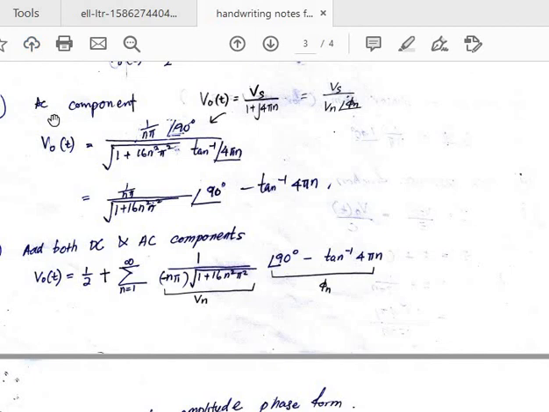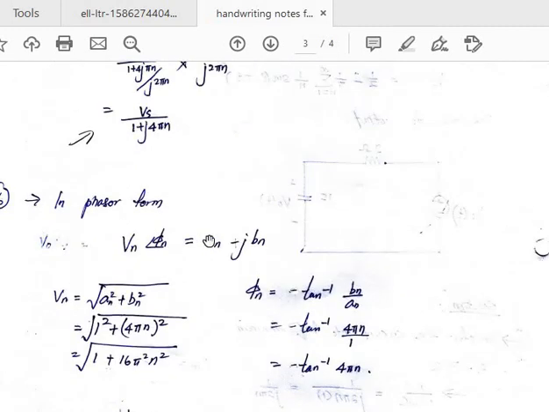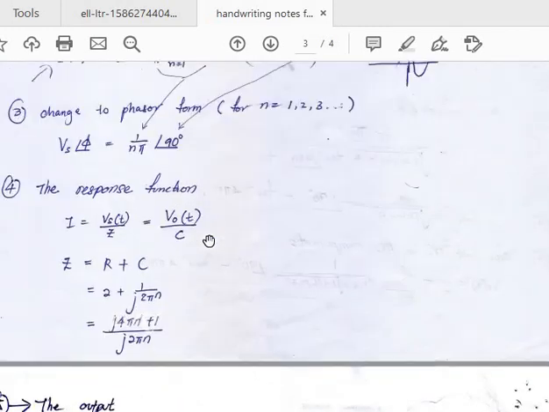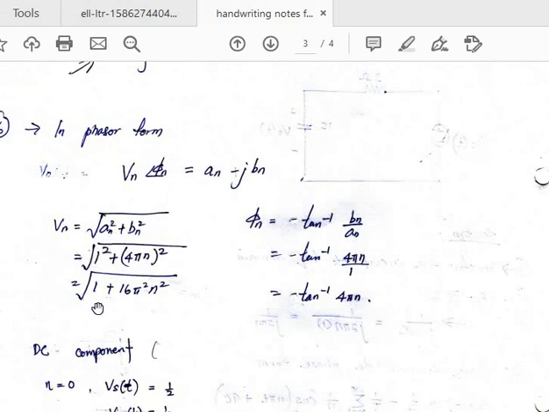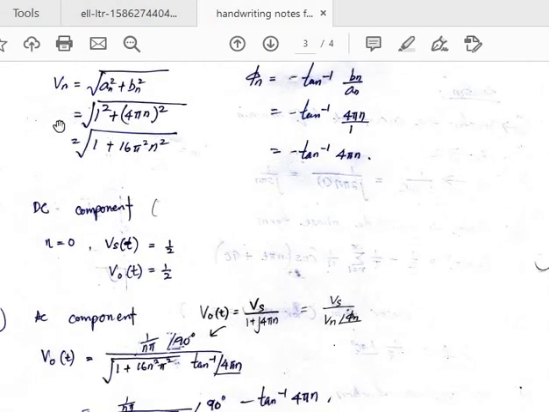Then you calculate the AC component. As you know just now, Vout is equal to Vs over Vn with phase theta n. Vs is 1 over n pi with phase 90, from the front. Then the Vn is this part, and this is the phase.